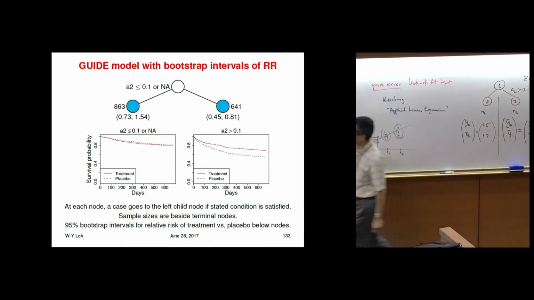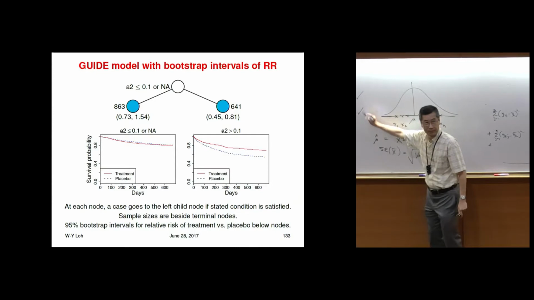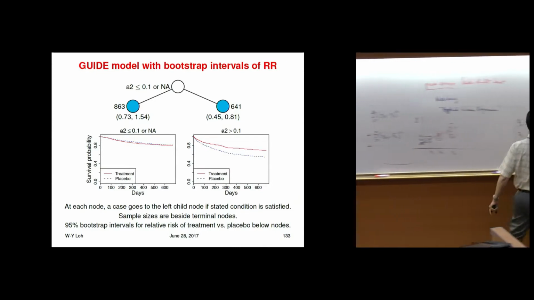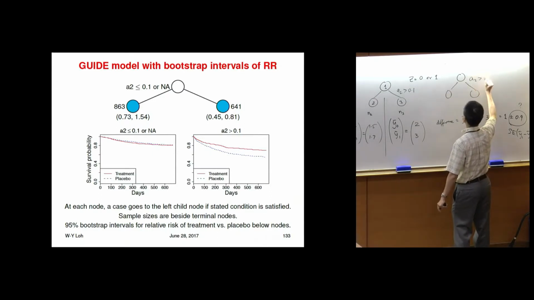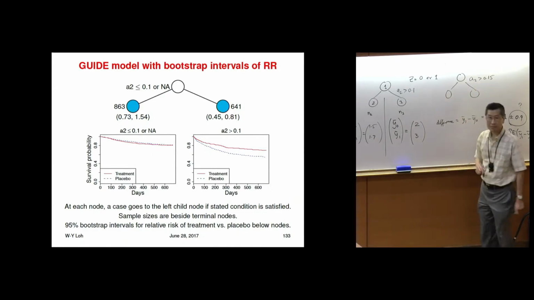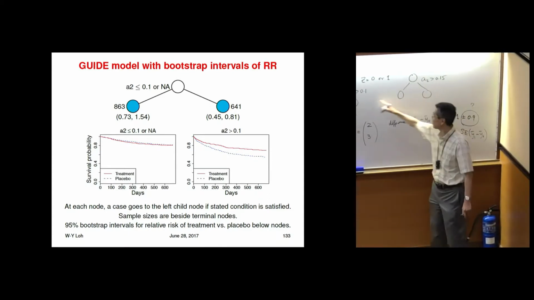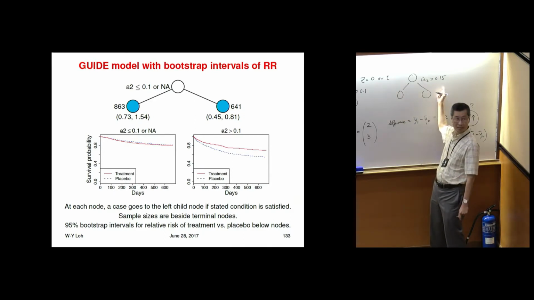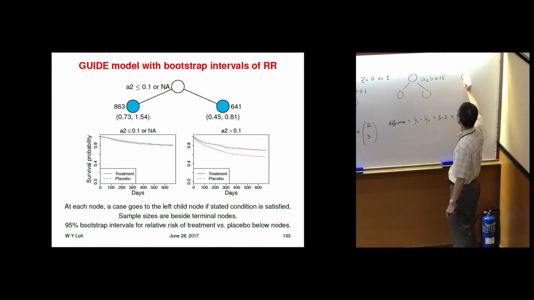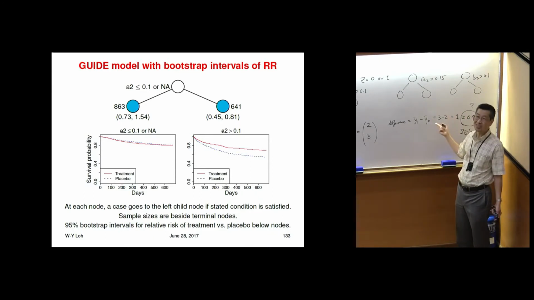But now you take another sample, you do another clinical trial, you get another tree. Right? Now the mu for this set is not the same as the mu for this set, because this set is different from this set. Right? If you take another trial, it says B3 bigger than 0.1. Now it's B3, it's not A2.